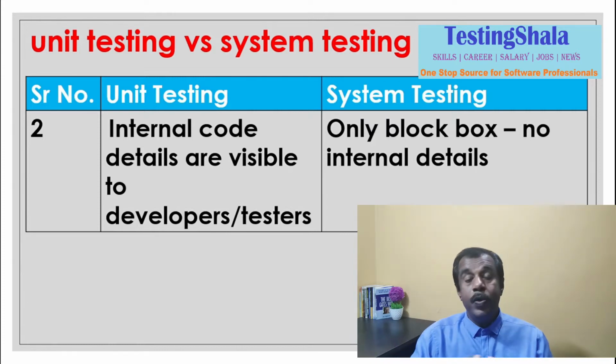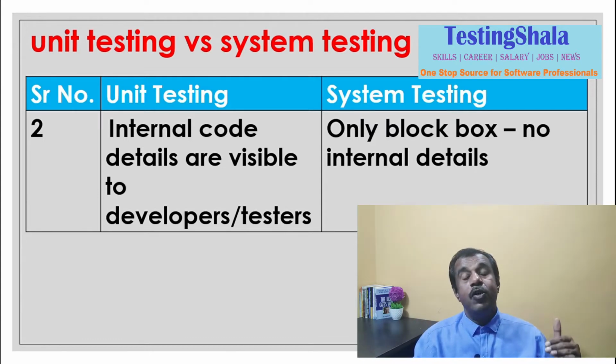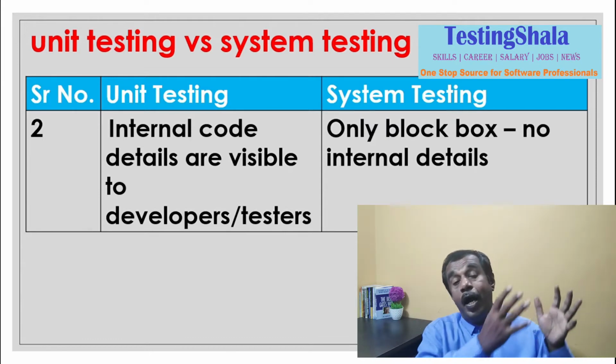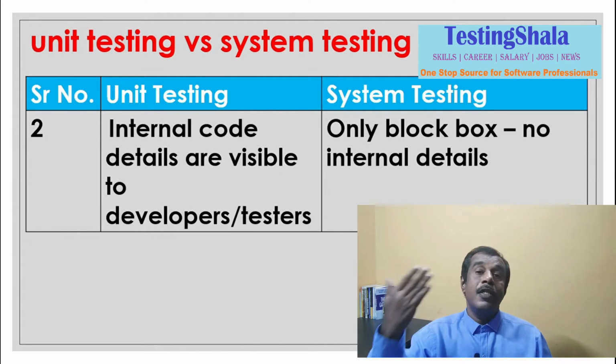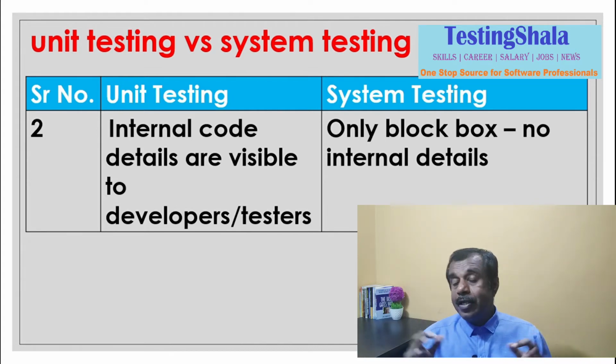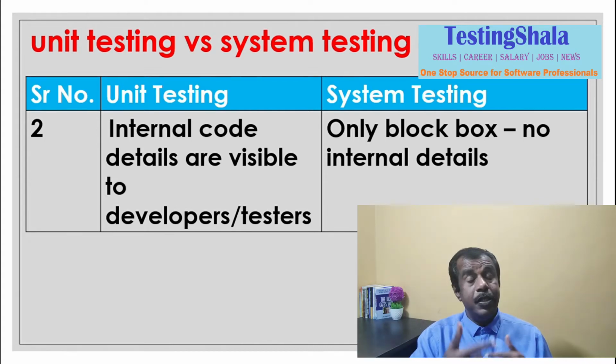We just focus on the functional specification, functional requirements or end-to-end requirements, and from those requirements we derive the test cases and then test the system test cases. System testing is black box testing. Unit testing is white box testing.